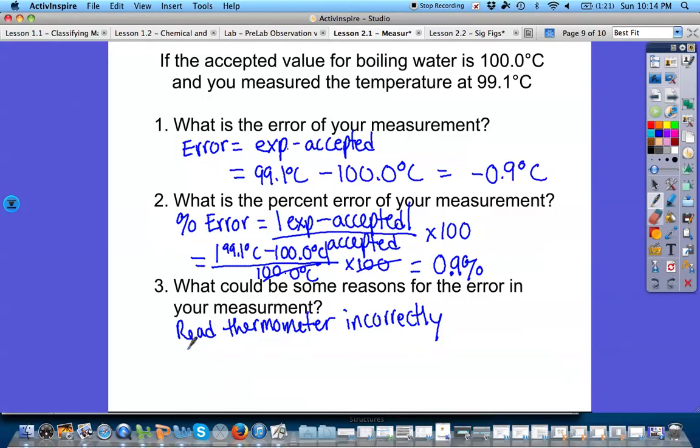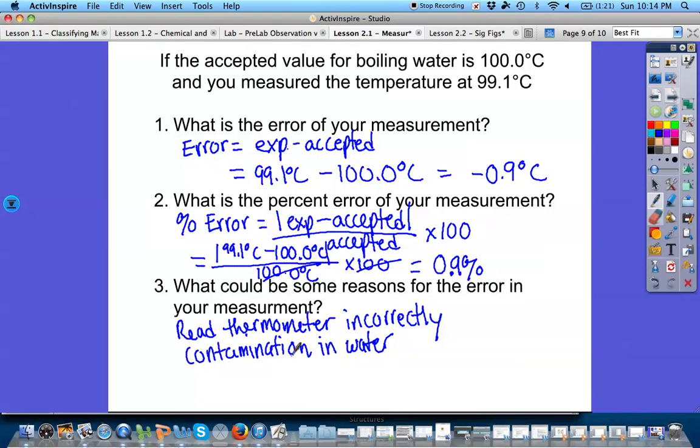You could have contamination in the water. You could have simply just measured the boiling temp before it fully started boiling.